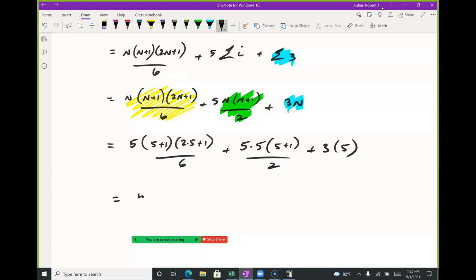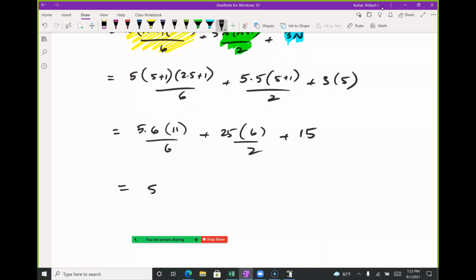And now we're just racing. 5 times 6 times 11 over 6. This is 25 times 6 over 2 plus 15. You know, at any point I can go to my calculator here, right? So 90, so 145.